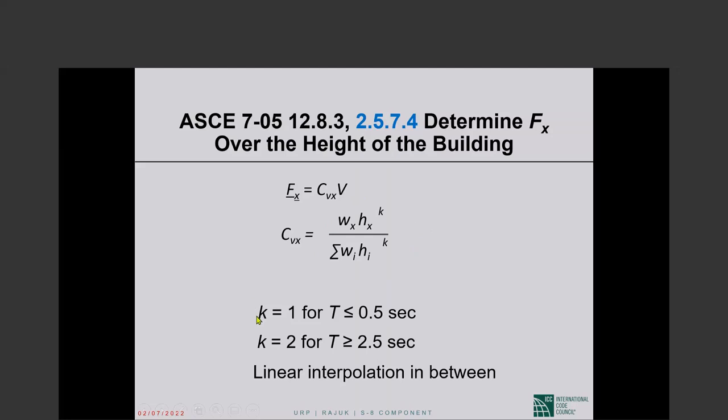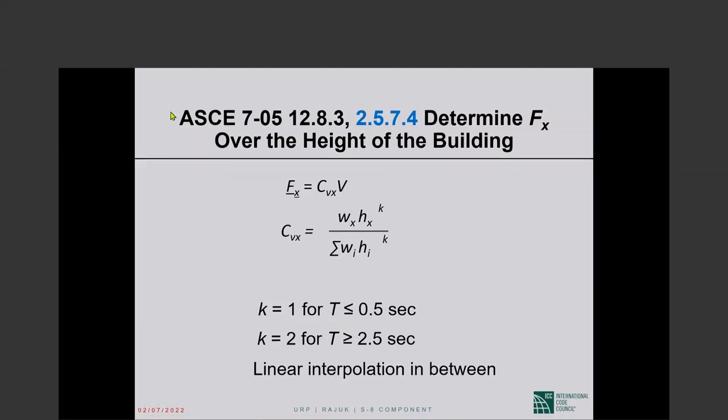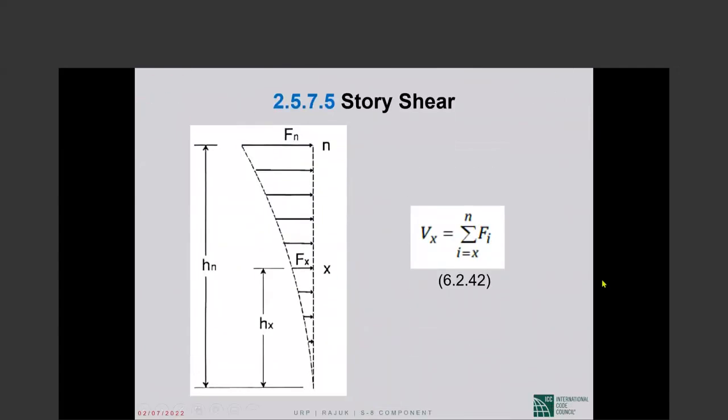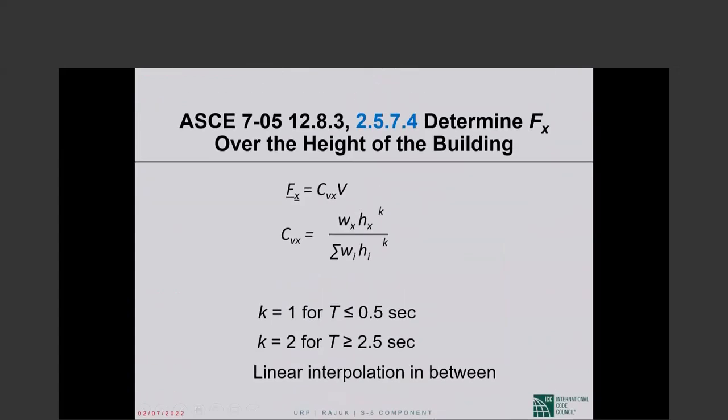K is 1 for periods up to half a second. K is 2 for periods of 2.5 seconds and longer. So K of 1 is a linear distribution.